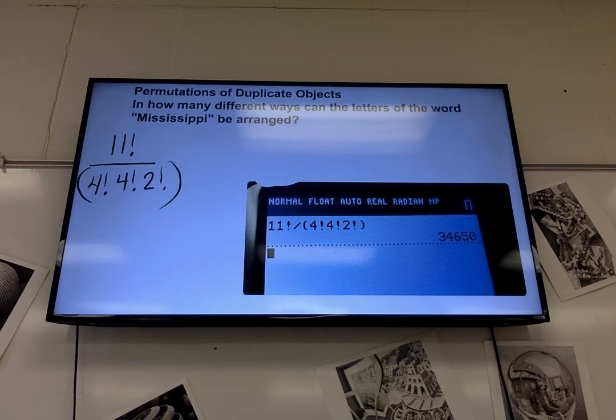You want 11. So 11 first. And you just hit number 4. And then divide it by parentheses. And you do those numbers. Anybody need any help finding those? Okay, cool.